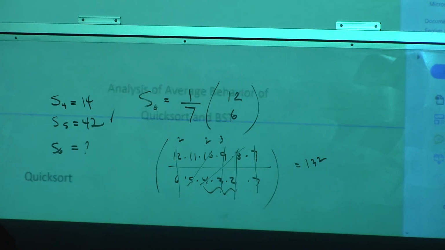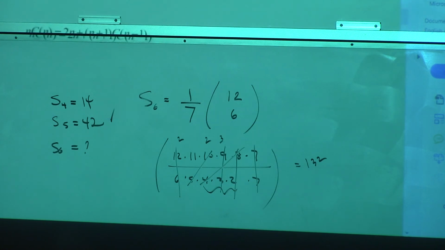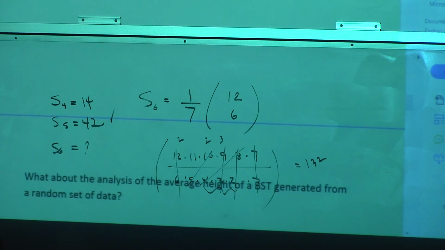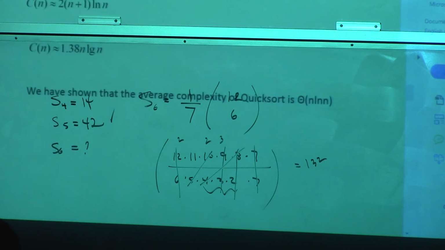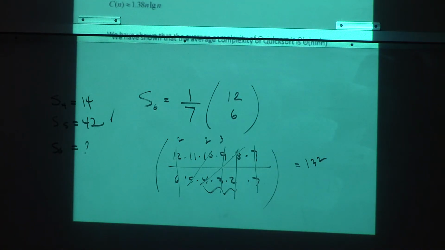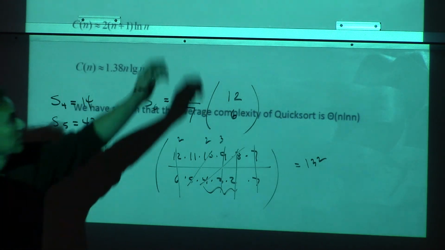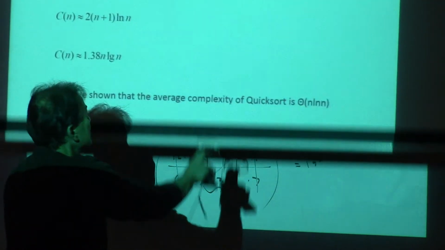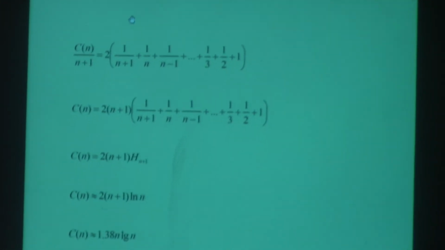So I think when we finished discussion of this, we decided that the solution to the average complexity of quicksort was a very, very interesting and powerful solution. Oh, so you can't see it. So this was the result that we did, I think, last time.